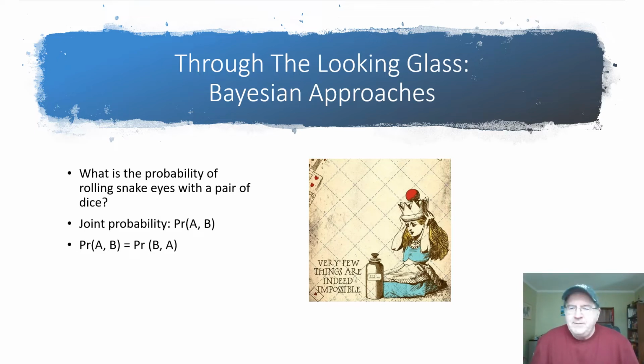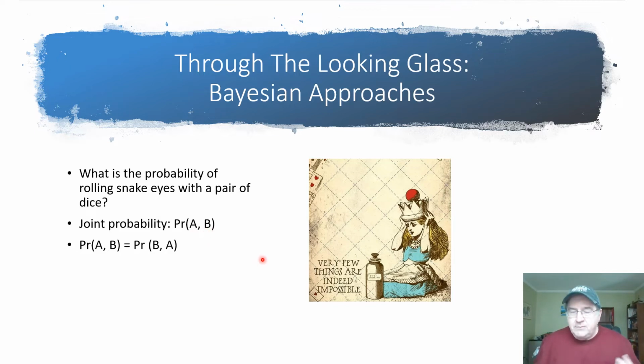So basically, this is a joint probability. What is the probability of getting both a 1 on the first die and a 1 on the second die? This is what I'm representing here with this notation, where PR stands for the probability. Since it's a joint probability, I'm asking, what is the probability of A and B occurring?